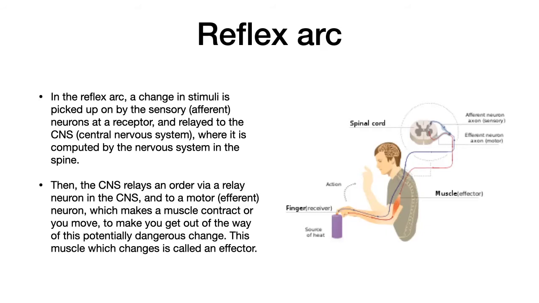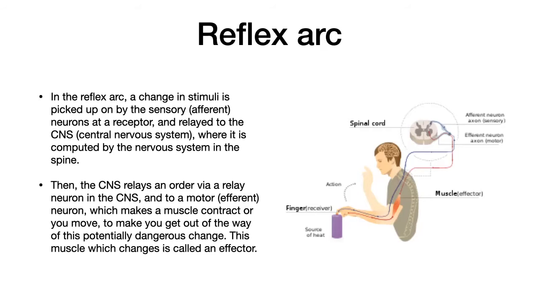I think the arrows might be going the wrong way in this diagram, but it's the blue neuron, so it senses the change and it takes it to the central nervous system, and then it is relayed to the CNS. The CNS is the central nervous system where the spine is, and the spine meets your head, where your spinal cord is.